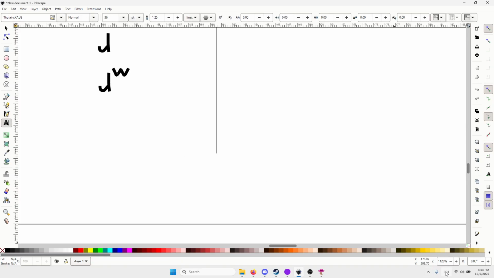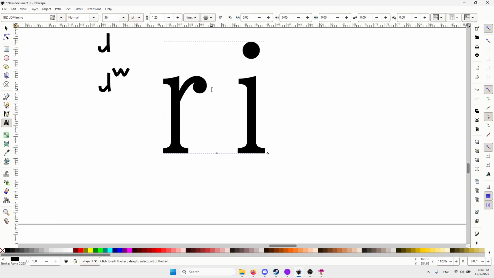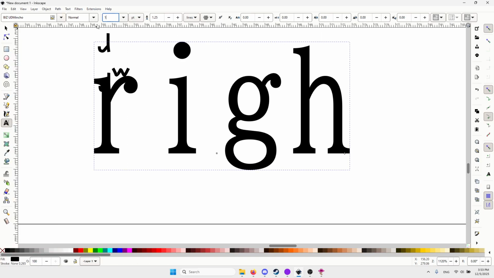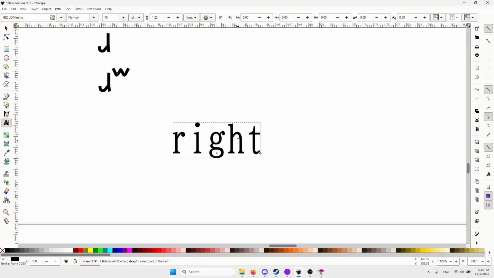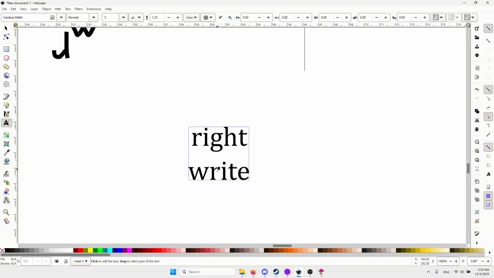Let's say hypothetically English did have a contrast like this. So we have right and right, and these two words are pronounced the same, so you cannot differentiate these by labializing the R, even though we have a W there.